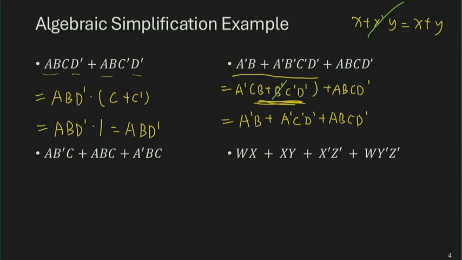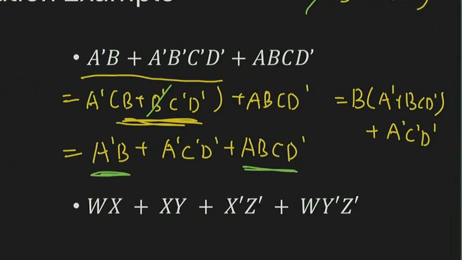You can do a little bit better by also looking at these two terms. They have b in common, and the a variable appears as a prime on one side and non-complemented on the other side. So what you can do is factor out the b: b times a plus b c d prime plus the middle term, a prime c prime d prime. Oh, sorry, here should be the variable a.